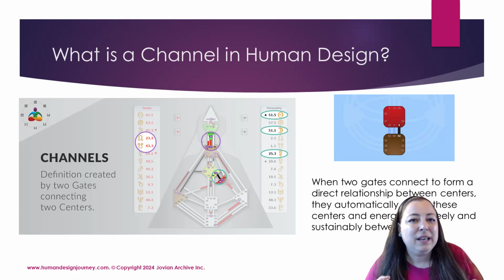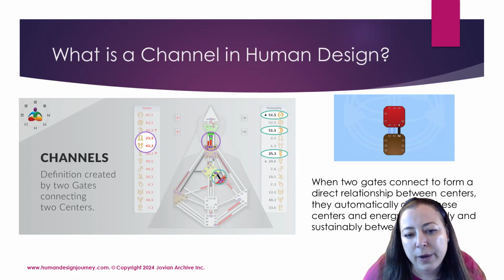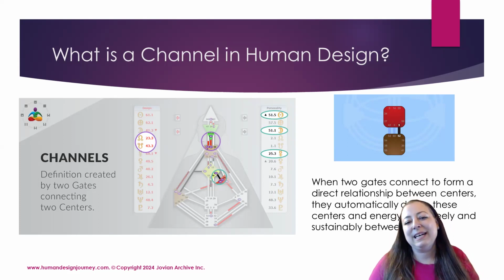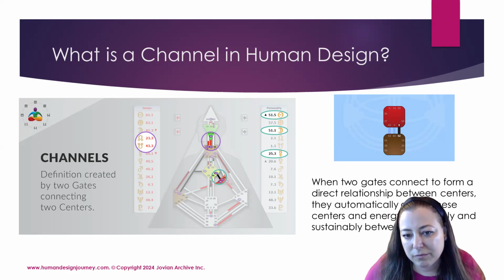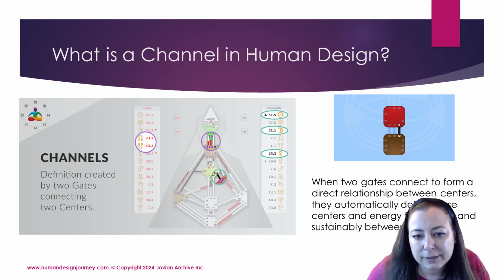And as well, it limits you, because wherever you have definition, let's say here we looked at the 51st gate, line 5, it's in the ego center. So we can see here this person will always feel shocking. They also have it one more time, so 2 times.